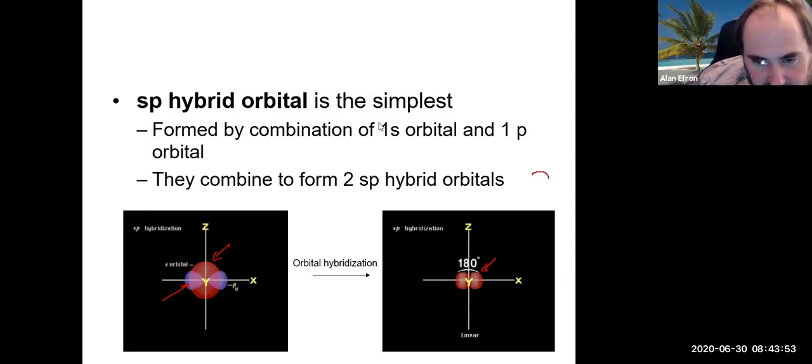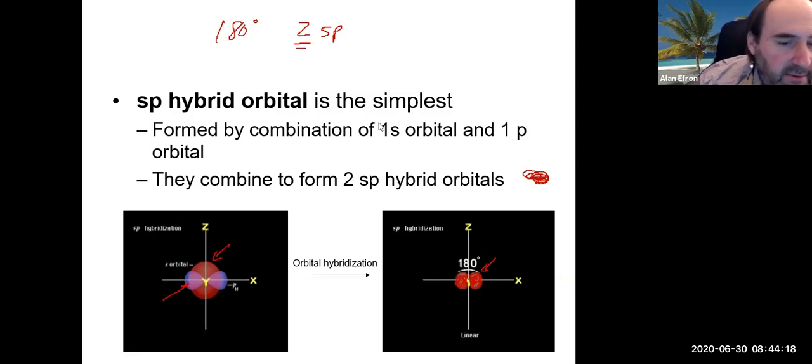Very badly drawn. Here's 1 sp orbital here, and over here would be the other sp orbital. Now that you get 2 sp orbitals, they end up being 180 degrees apart.